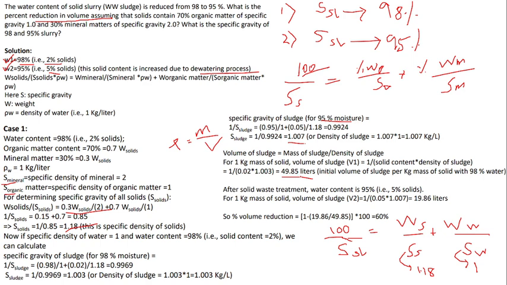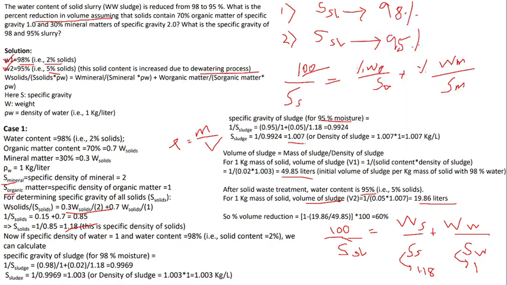This is for 98 percent. Similarly, after the solid waste treatment, the water content is 95 percent. So for 1 kg mass of the solid, find the volume of the sludge again. The volume is 1 divided by 0.05 into 1.007, which is 19.86 liters.